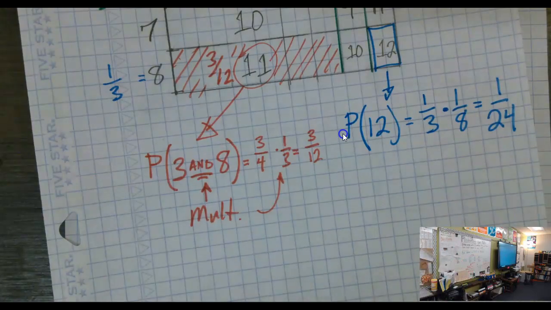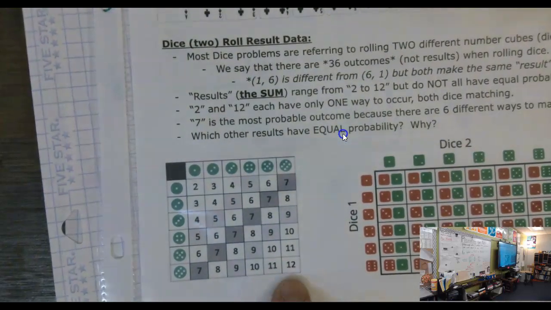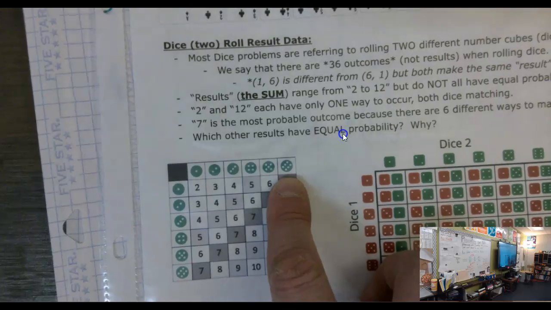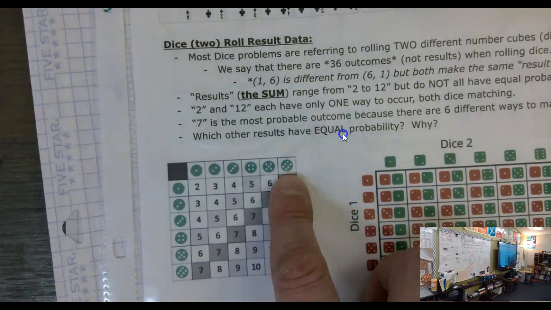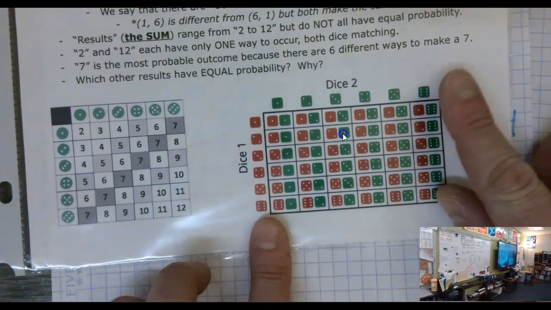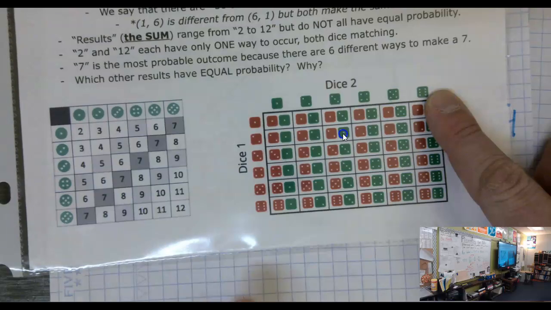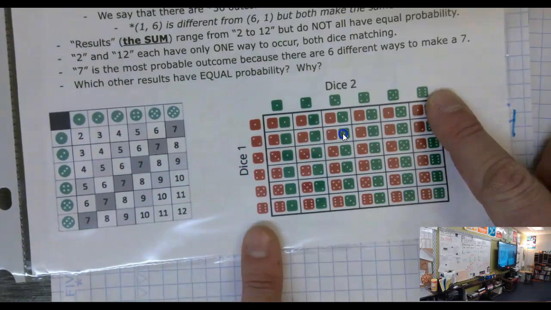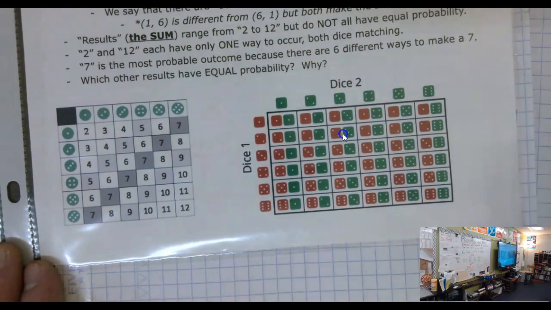So if we think back to our dice, what was the probability of rolling a 12? Well, what's your chance of rolling a 6? 1/6, right? What's your chance of rolling the other 6? So what is 1/6 times 1/6? Guys, what's 6 times 6? 1 out of 36.